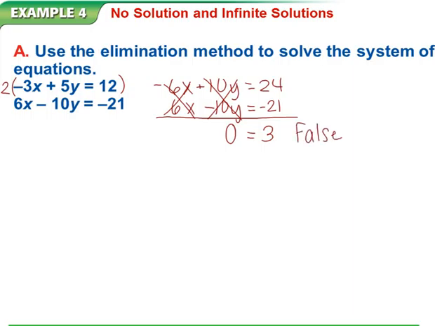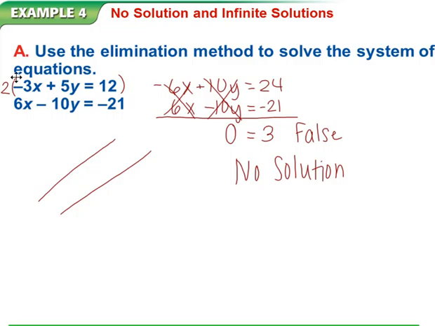And because it is false, it is considered no solution. Now, if we were to graph these equations, it would be two parallel lines, and that is why they never intersect. So that's why there can be no solution to it.